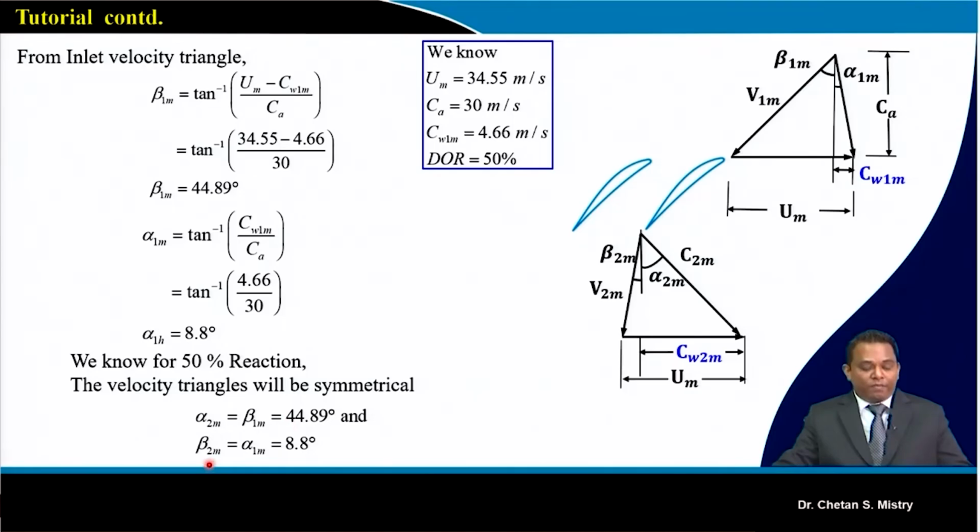Our alpha 1m and beta 2m are also the same, and that is 8.8 degree. So just look at how you will be changing your velocity triangle. This is my velocity triangle at the mid station. Always, I repeatedly say, make a habit of plotting the velocity triangle when you are doing your calculations.